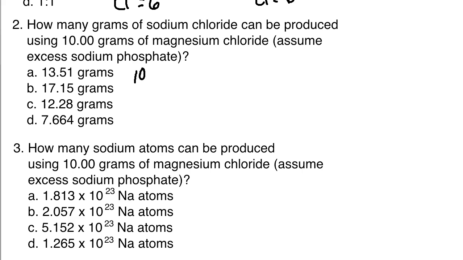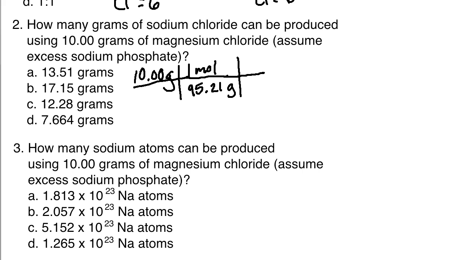So I have 10 grams of the magnesium chloride, right? And so if I look up the molar mass by adding magnesium and 2 chlorines, I'm going to find you should have somewhere around 95.21 grams of magnesium chloride for every 1 mole of magnesium chloride. Right? So then I keep going.